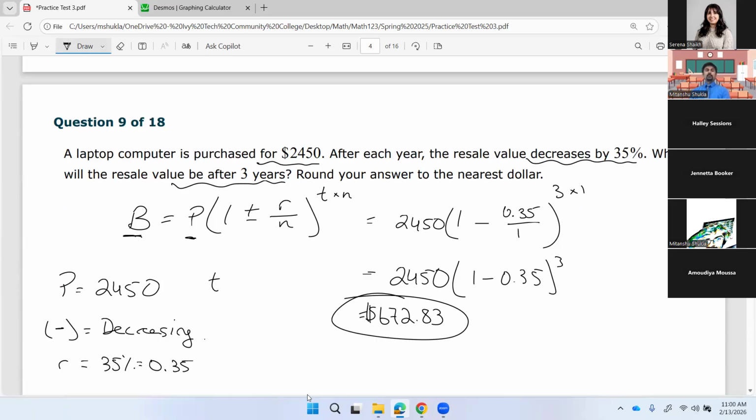I know my time is equal to 3, and the number of times it compounds is 1, because each year it only decreases 1 time. It doesn't decrease every month. It doesn't decrease every quarter. It decreases 1 time every year.